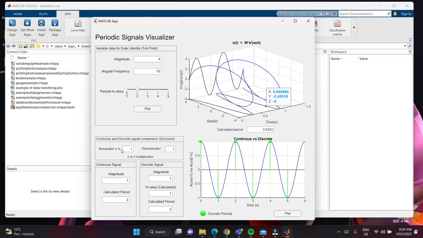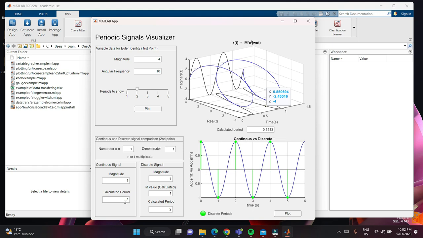So here, this is the angular frequency, its numerator and denominator for red. And we'll see that we actually have some other things here, like magnitude and the m value that I actually talked about before this.